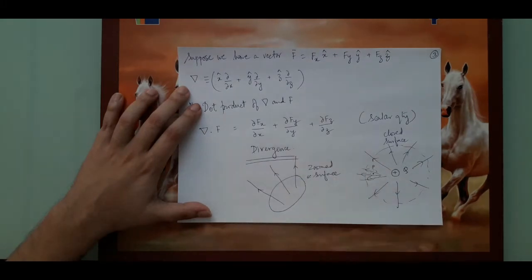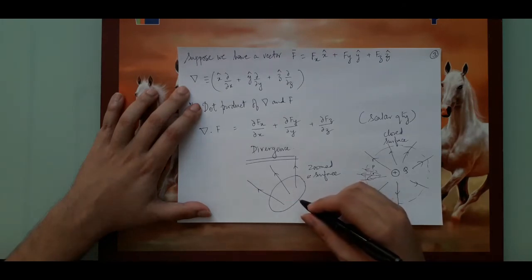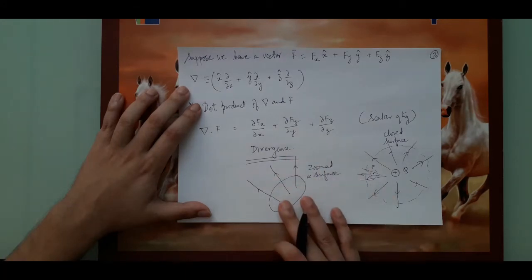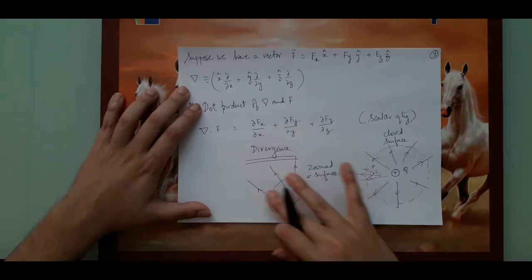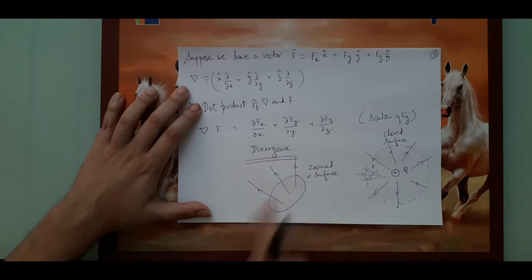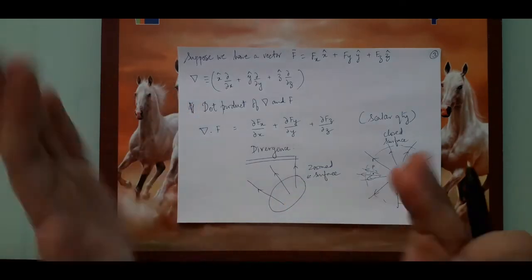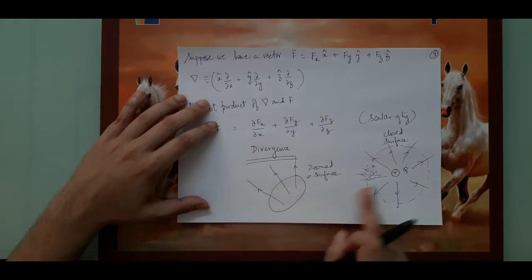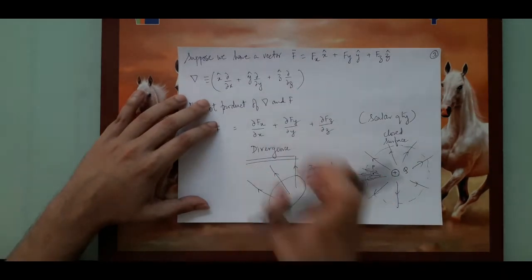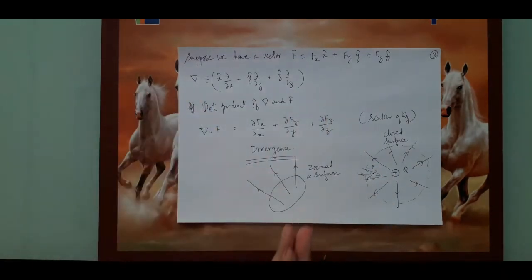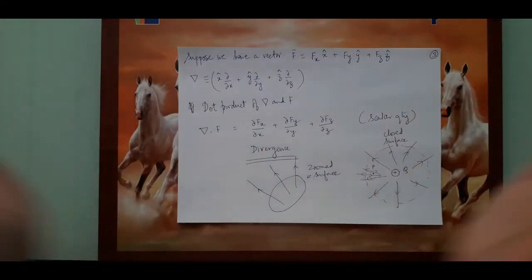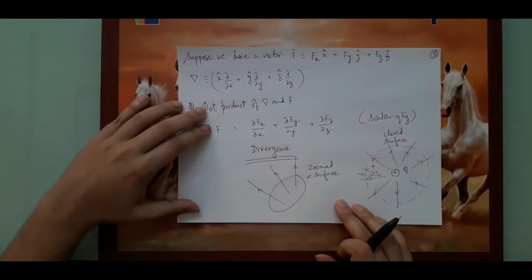This is called a vector field. So what I am seeing is, if I am observing from outside the surface, it appears as if the vector field is originating from a point and is diverging, because the field lines are essentially moving away from each other.